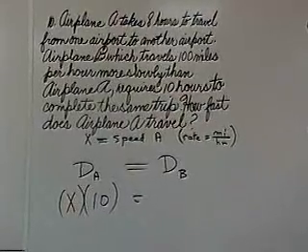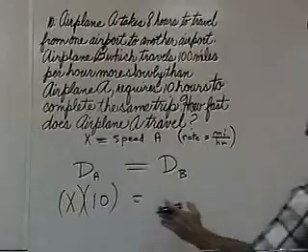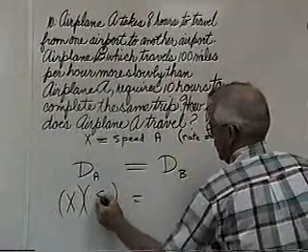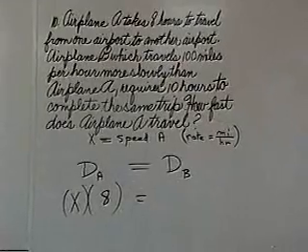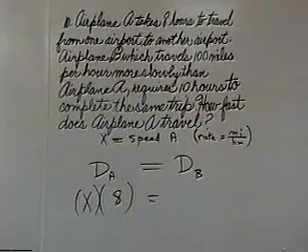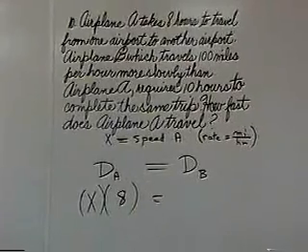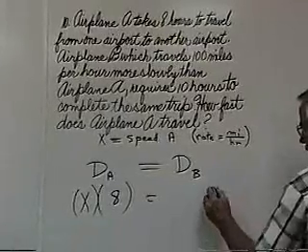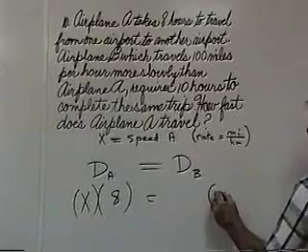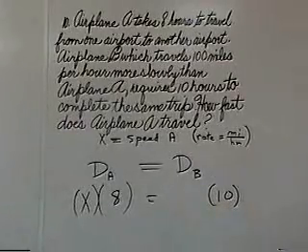Okay? Airplane, I'm sorry, this is supposed to be 8 hours. First part of the problem says airplane A takes 8 hours to travel from one airport to another one. Okay. While airplane B, which travels 100 miles slower, requires 10 hours. So over here, for airplane B, is 10 hours.